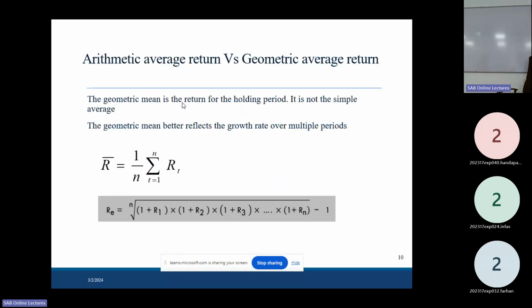So arithmetic average return, you know that it is a normal statistical property. Normally R bar for arithmetic average return you can calculate. You have past 10 years return, get the total, divide by 10. So that is the mean, right? That is the normal mean.